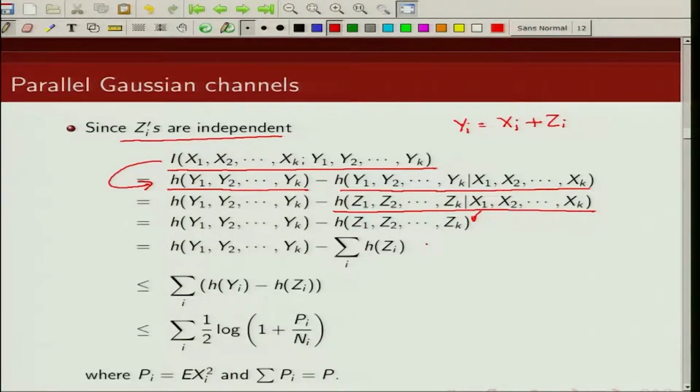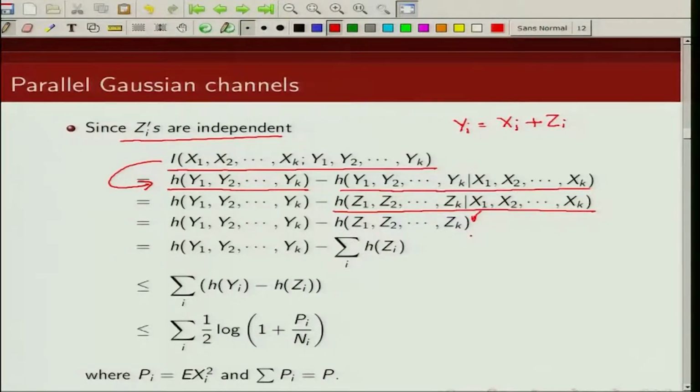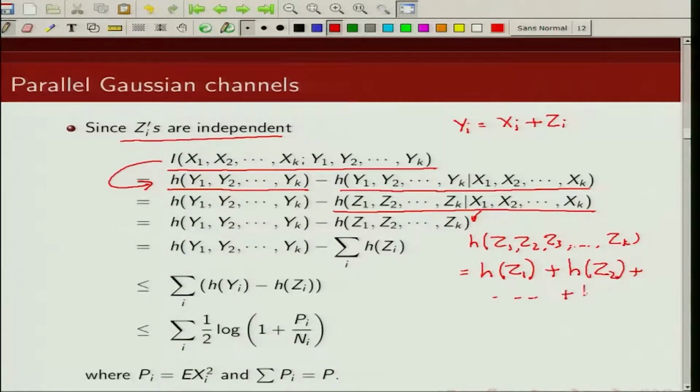And since the noise over these parallel channels is independent, we can write this joint entropy of z1, z2, z3, zk as the differential entropy of z1 plus the differential entropy of z2 plus the differential entropy of zk.